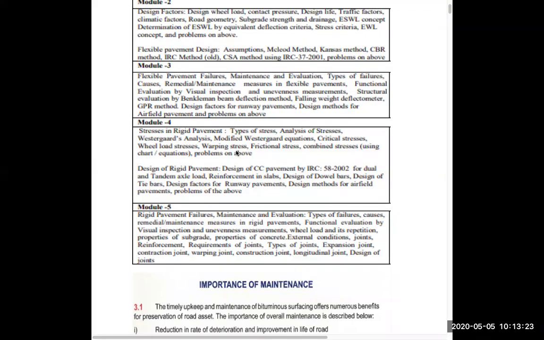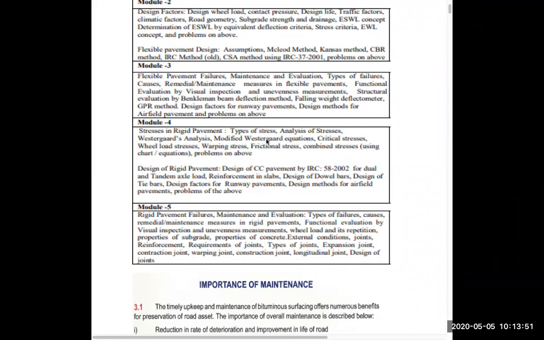One is seasonal variation, second is daily variation. For daily variation, we have warping stresses. When we have seasonal variation, overall expansion and contraction leads to friction between the slab of CC pavement and the layer below. So some stresses are developed due to frictional stress.